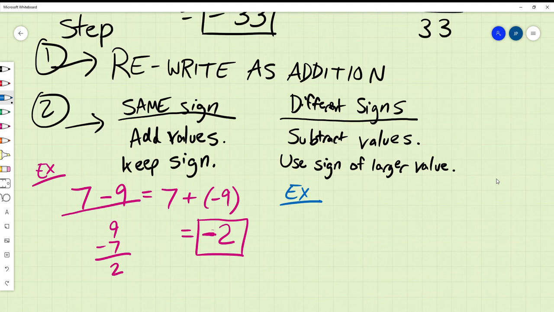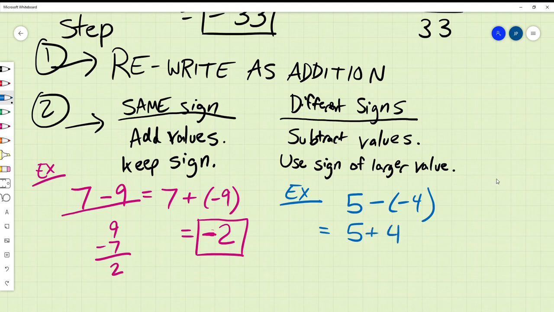Say we have 5 minus negative 4. If I had forgotten, minus a negative number, if I rewrite that as addition, it puts these two negatives together, and it becomes positive. So we're really saying 5 plus 4.